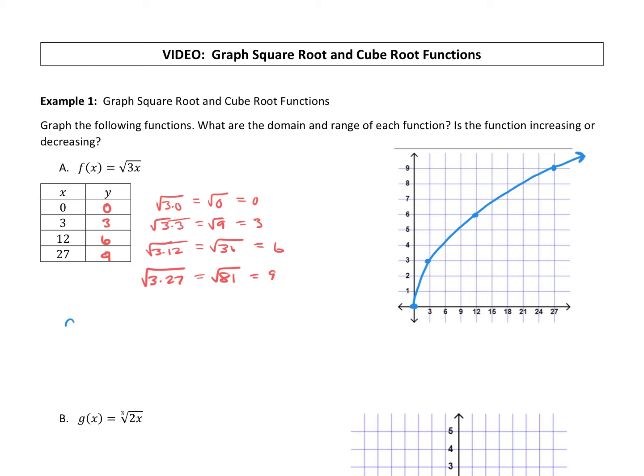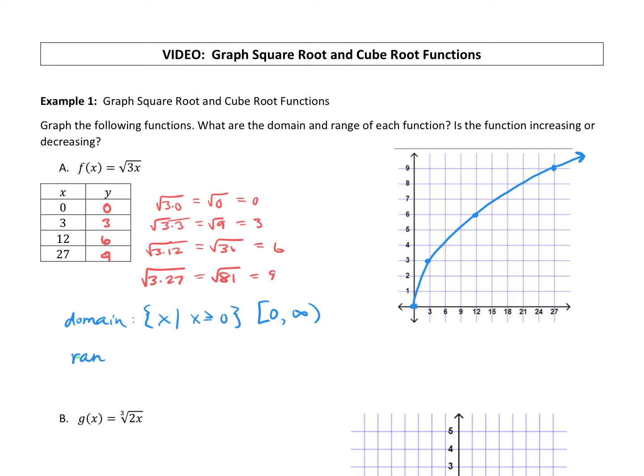We want to identify the domain. It's all your x's such that if it starts here and it's going to continue forever this way, all of those x's are going to be greater than or equal to 0. If we did interval notation, we would say it starts at 0 and goes to infinity, another way to represent our domain.